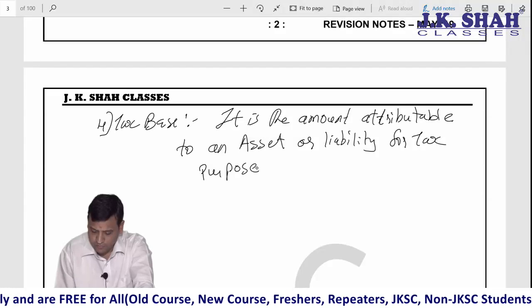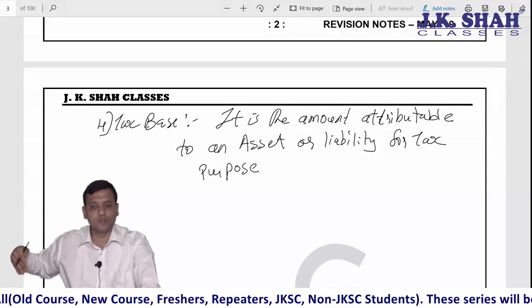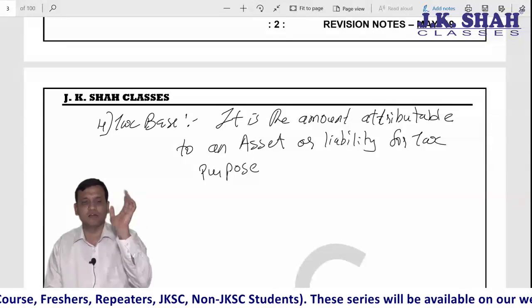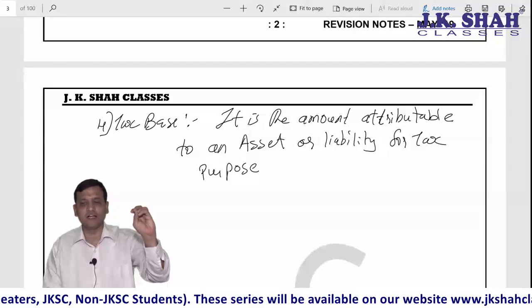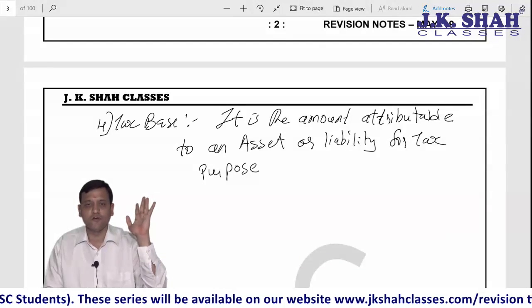I need to talk something on tax base. I'll talk later. Just wait for some time. Let me write down all the definitions. Yeah, then we'll talk on tax base. As of now, just a bird eye view, what is a tax base? It is nothing but the amount of asset or liability, amount attributable to a particular asset or liability for tax purposes.